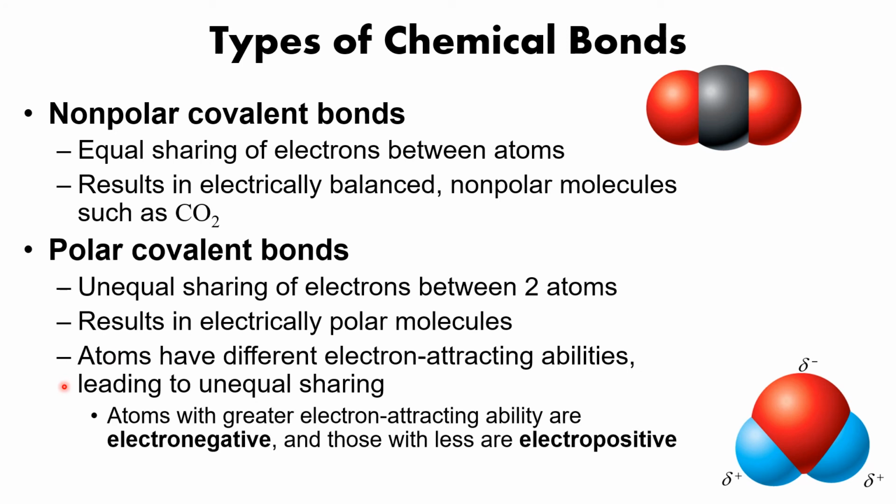Atoms that have a greater electron attracting ability, like for example oxygen. So oxygen is super reactive and really pulls hard on those electrons. It is going to cause this situation. Okay, and so in this case, the oxygen, that red molecule, is going to have an electronegative charge, and the hydrogens are going to have an electropositive charge.